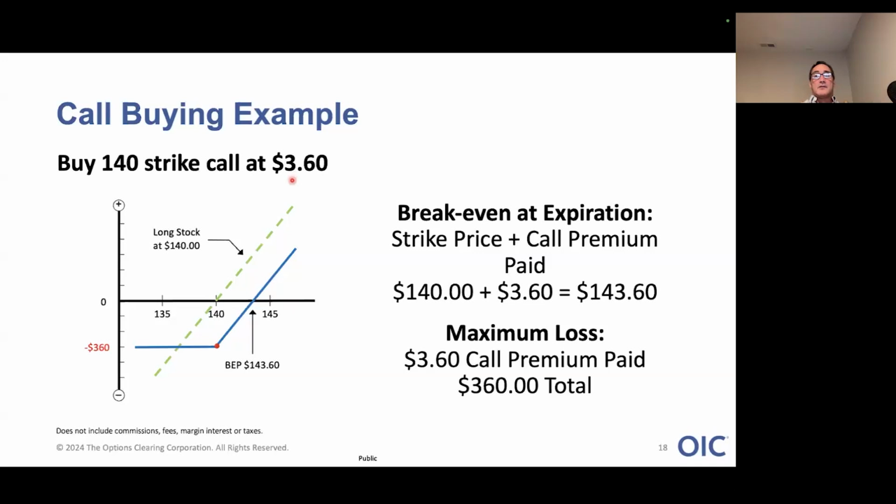The difference, $10 minus $3.60, is $6.40. I'd be sitting on roughly about a $640 profit if this stock finished at 150 come expiration. So once again, this is how you figure out your break even at expiration on your call options. And in this case, you also know your maximum loss.